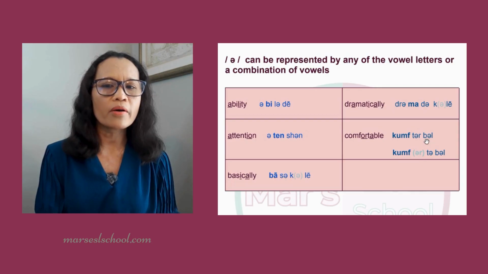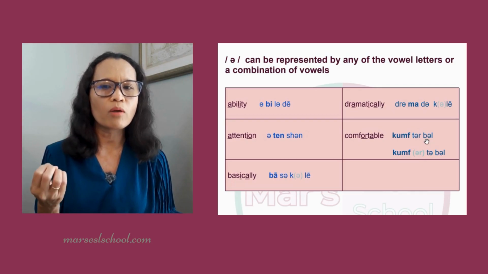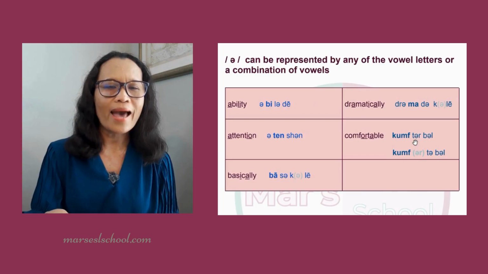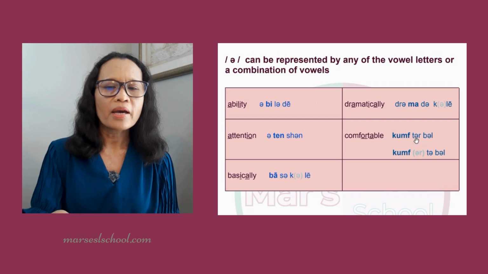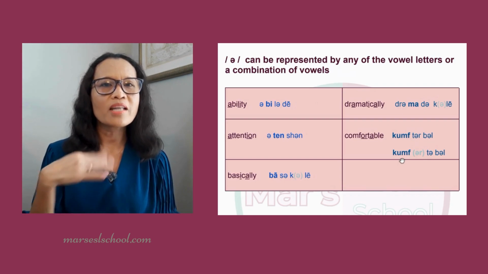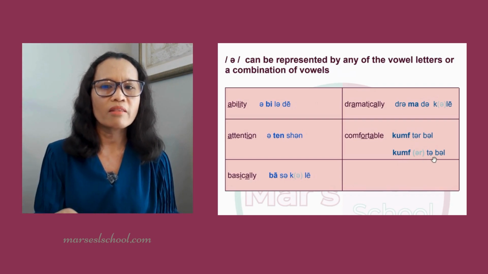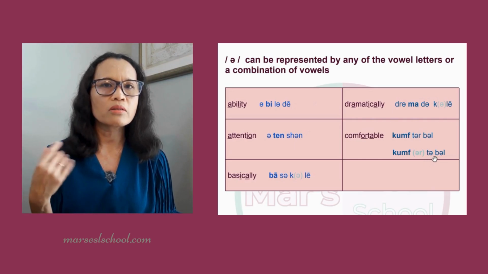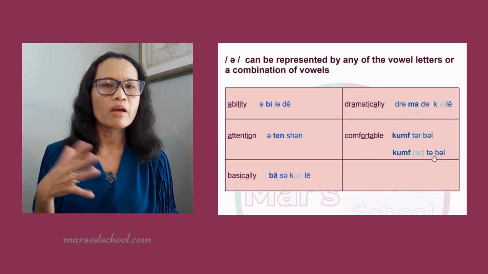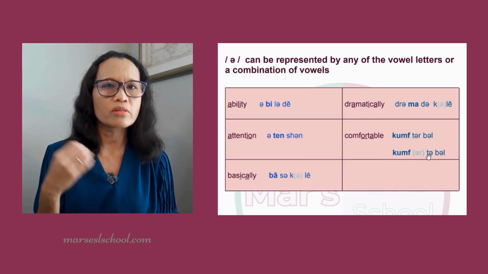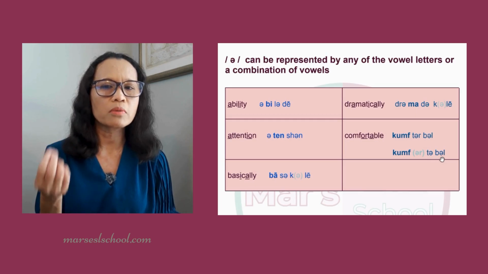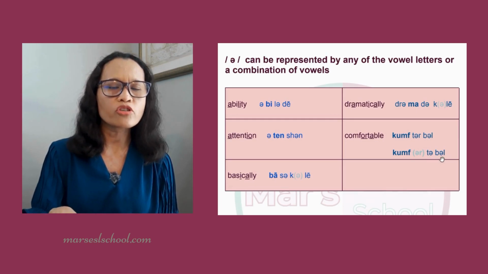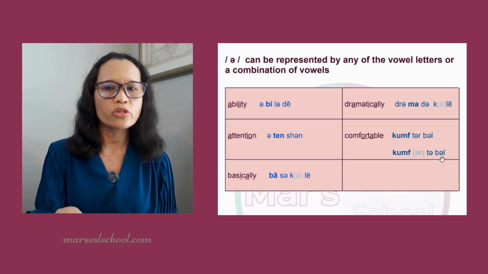So it has two reduced vowels, the last one and the second from last. Now, it's also very common to not hear an R sound in this word. So instead of the R sound, it's just the reduced vowel, schwa, table. So the last two vowel sounds are reduced.